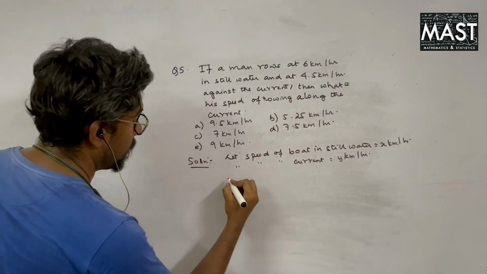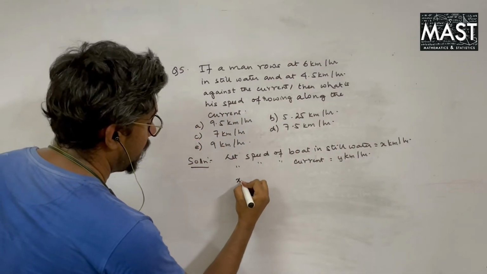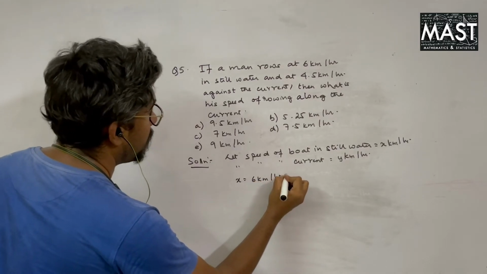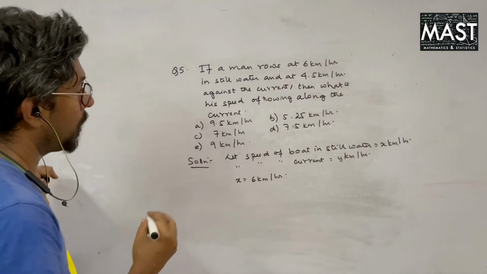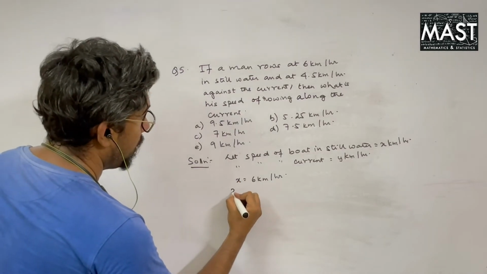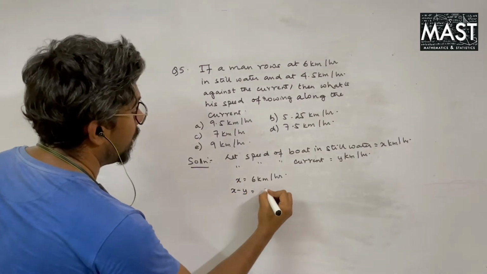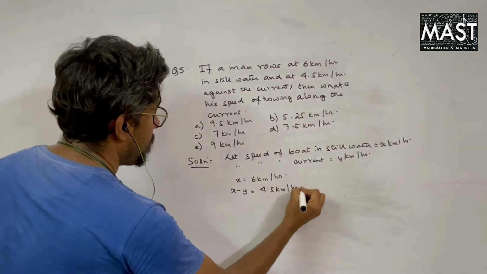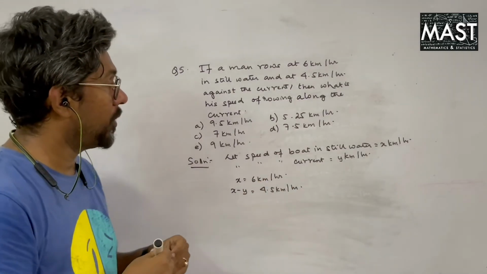As per the question, x equals 6 kilometer per hour, which is the speed of the boat in still water, and x minus y is 4.5 kilometer per hour. Why x minus y is 4.5?